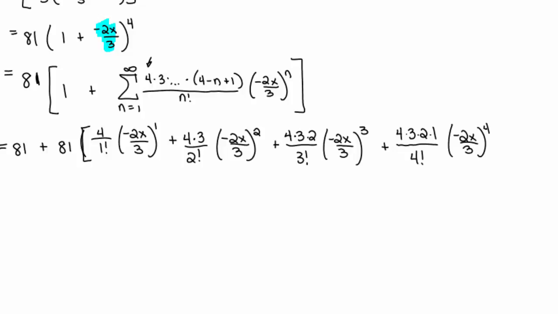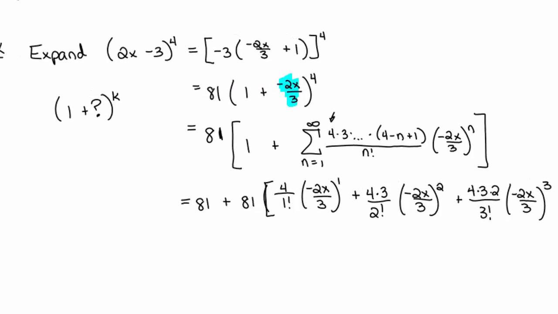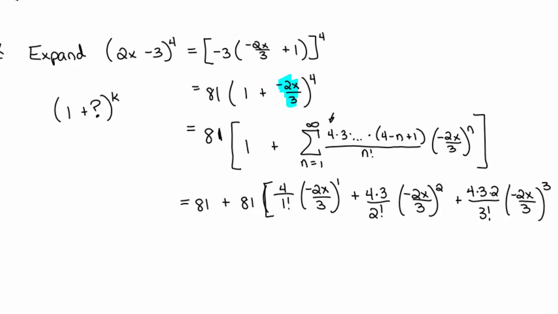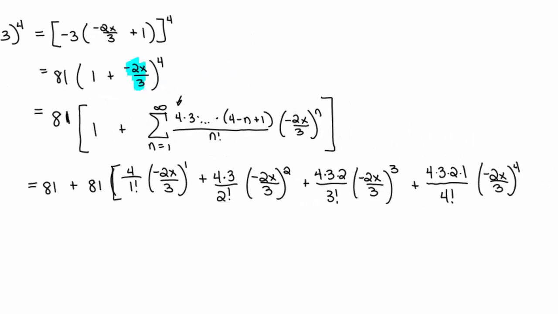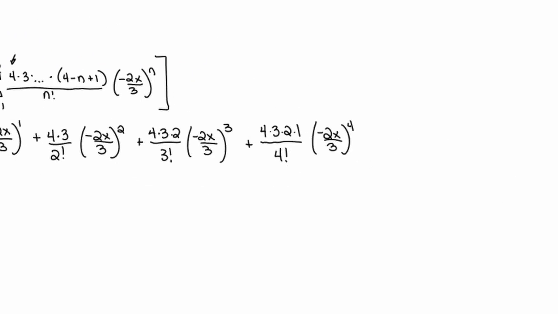Now, we know just from the original expression, the quantity 2x minus 3 raised to the fourth, that this should be it. We should only end up with an x to the fourth term. But I'm going to showcase that we will actually stop at that, because if you continue, you get 4 times 3 times 2 times 1 times 0 all over 5 factorial times this negative 2x over 3 to the fifth.